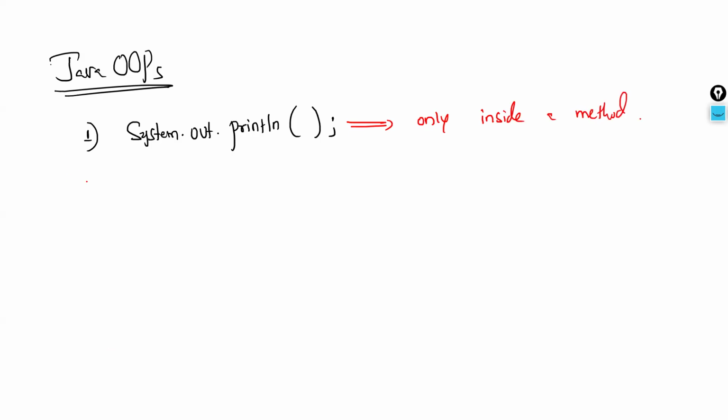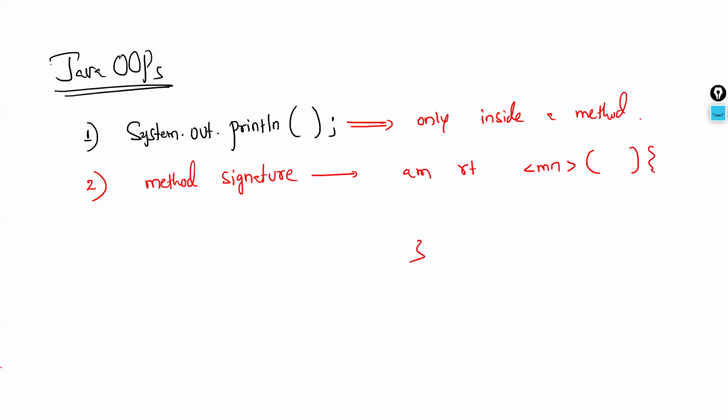Second, when it comes to methods, what is a method signature? In a method syntax, that is access modifier, return type, method name of programmer choice, then parenthesis, and then the curly braces.